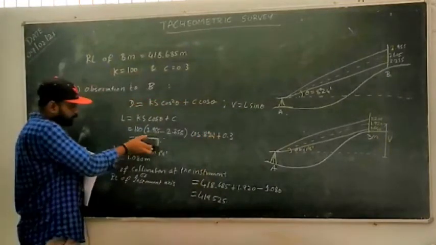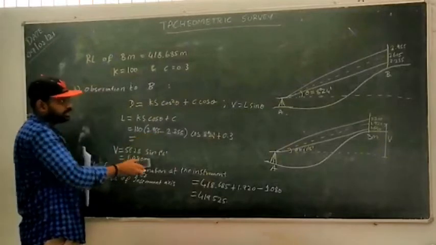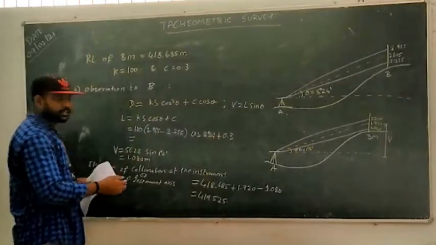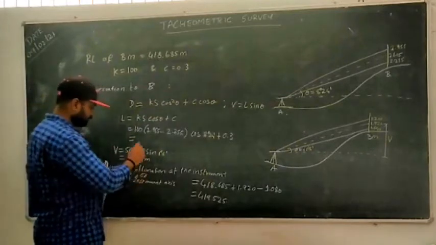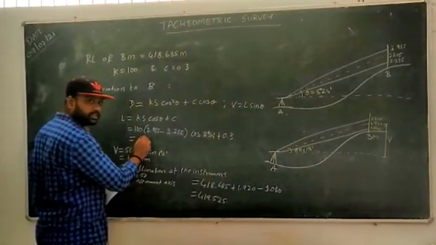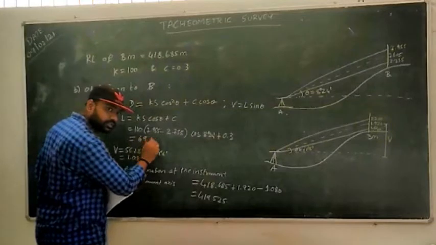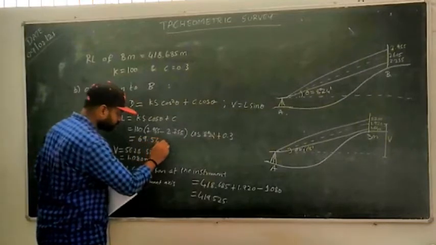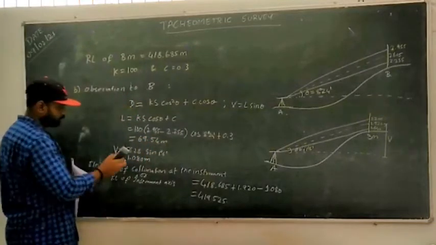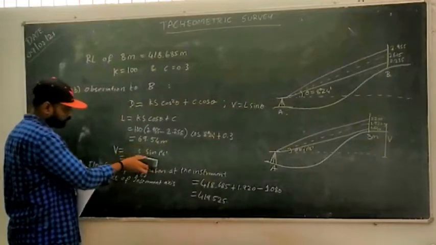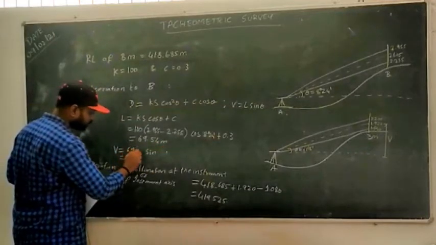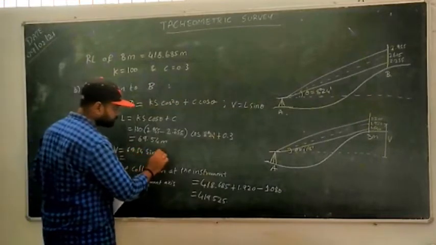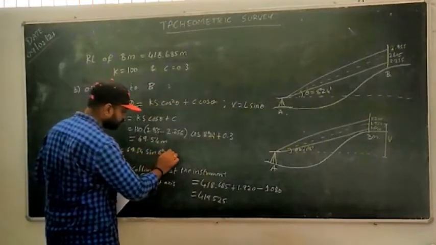Now tell me what will be the length here? Inclined length L is equal to how much? 69.54. So this is in meters. So 69.54 sine 8 degree 24 minute.